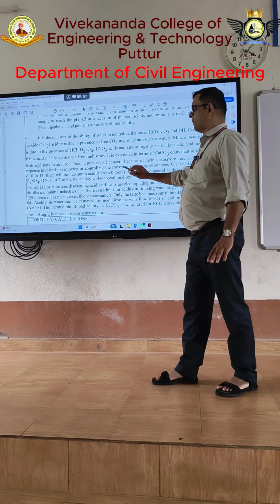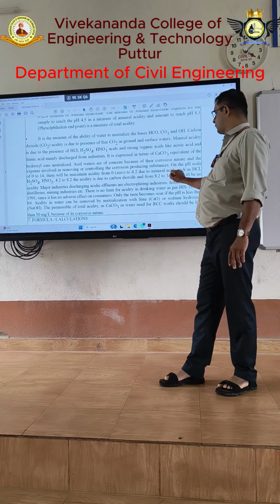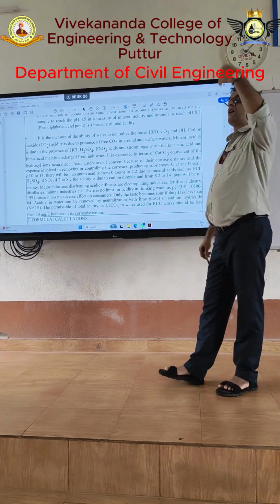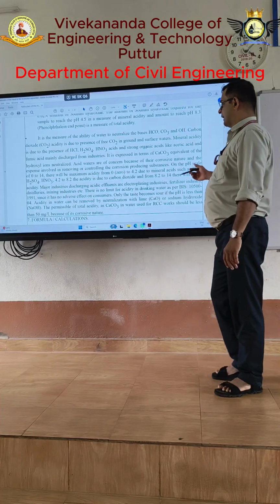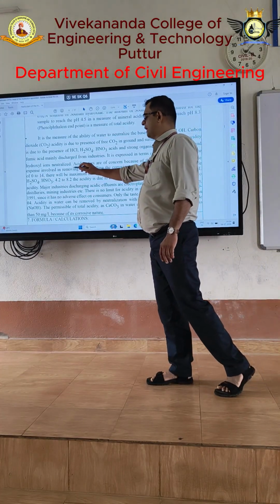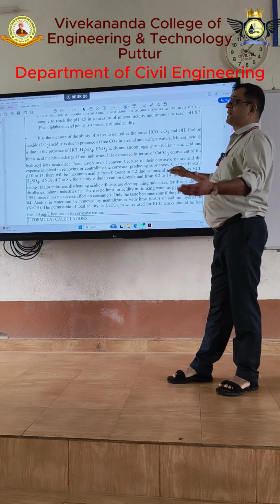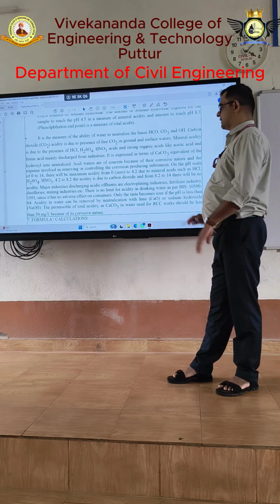Then there will be no major acidity when it is 8.2 to 14. So what we can say, 0 to 4.2 is strong mineral acids, between 4.2 and 8.2 it is carbon dioxide, and if it is more than 8.2 then there is no acidity.